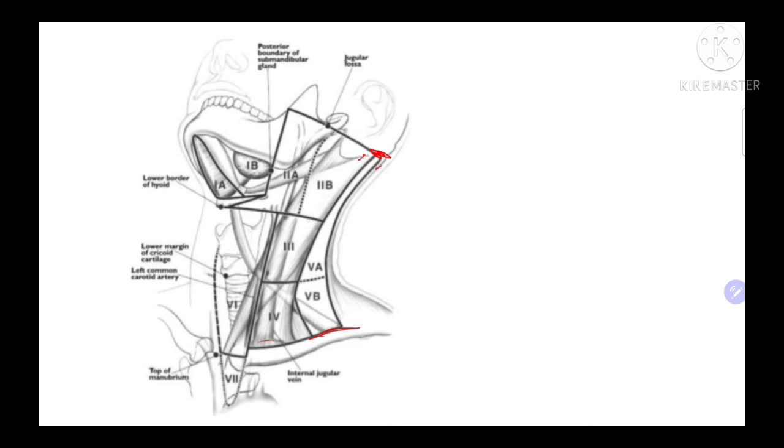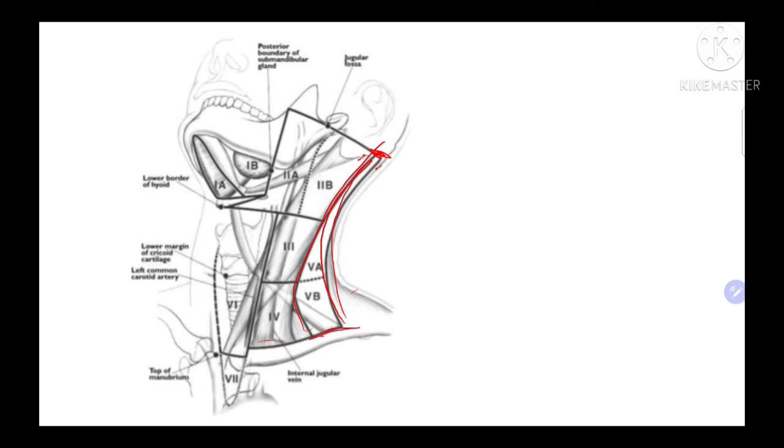Anteriorly we have the posterior border of the sternocleidomastoid. And posteriorly, we're going to have the anterior border of the trapezius muscle. Okay? Remember, this is the posterior triangle limit, okay? But we have two sublevels.